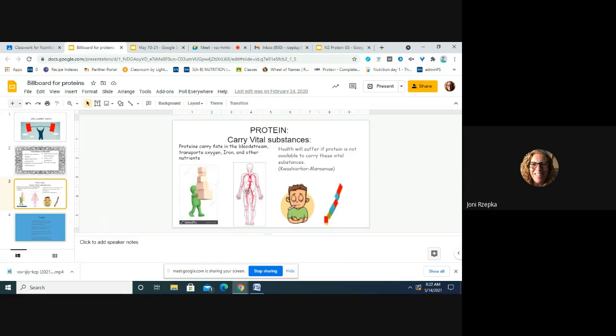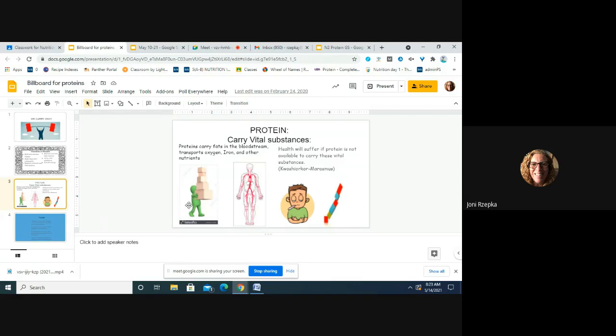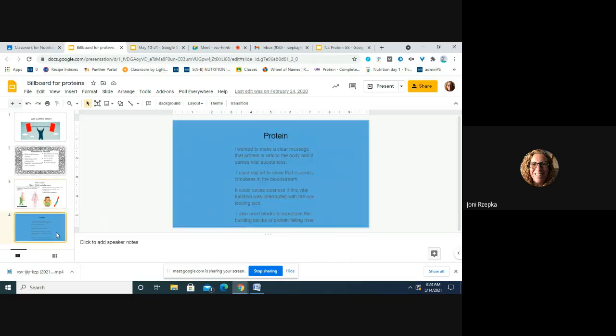So I have a picture of the body with the blood, and it transports oxygen and iron and other nutrients. I also have this guy carrying, because they're considered building blocks in our body. Then the last slide just explains my billboard, like why I chose this guy, kind of how I just explained it to you.